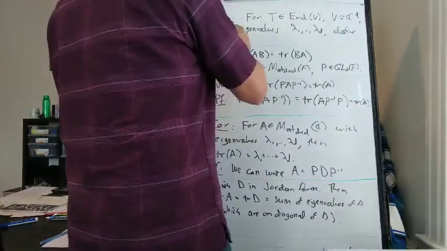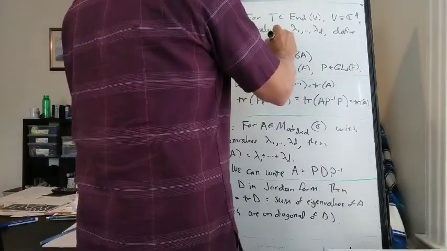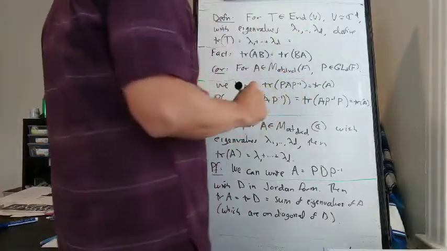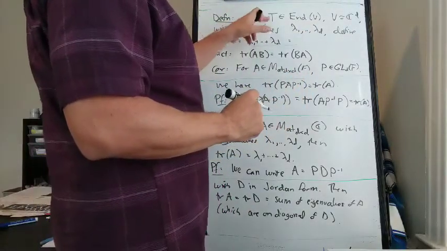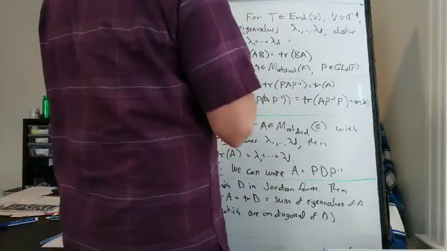We can define the trace of T to be the sum of those eigenvalues, which happens to be the trace of any matrix representing T with respect to any basis of C^d, or any basis of V.